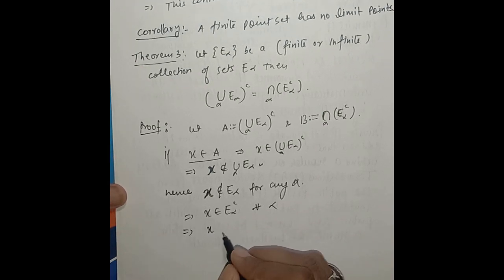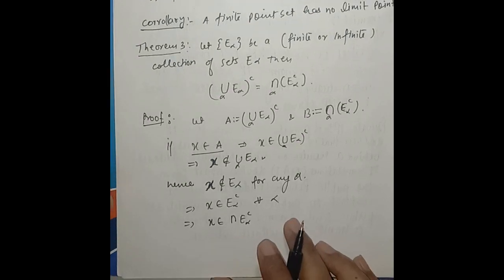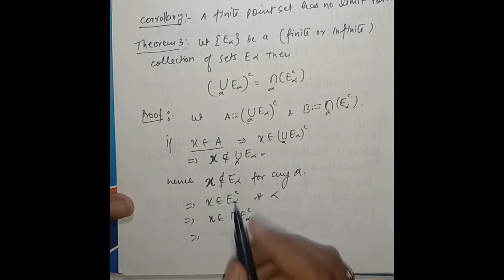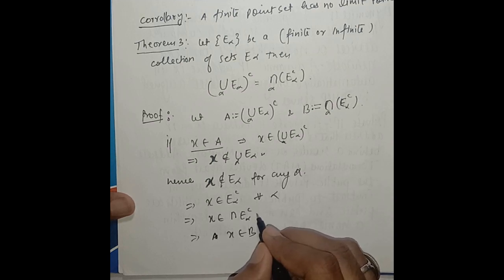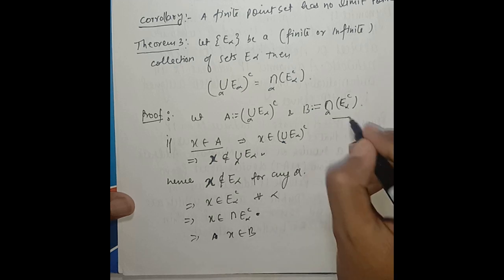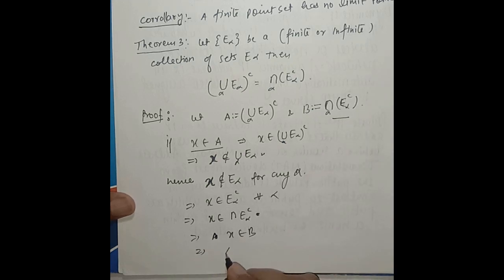This implies x is in the intersection of the complements of E alpha. This implies x belongs to B. This implies A is contained in B. We call it equation 1.